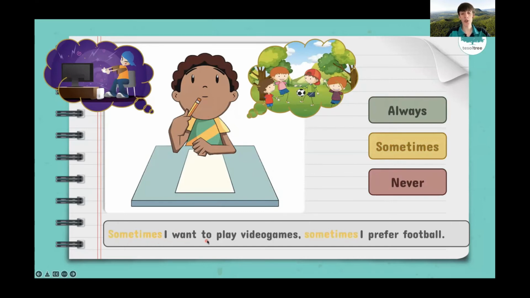Sometimes I want to play video games. Sometimes I prefer football. That means 50% he wants to play video games and 50% he wants to play football. It depends. Half video games, half football.